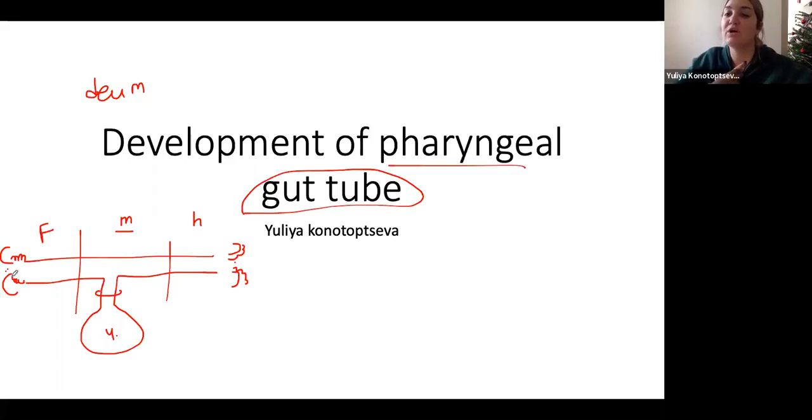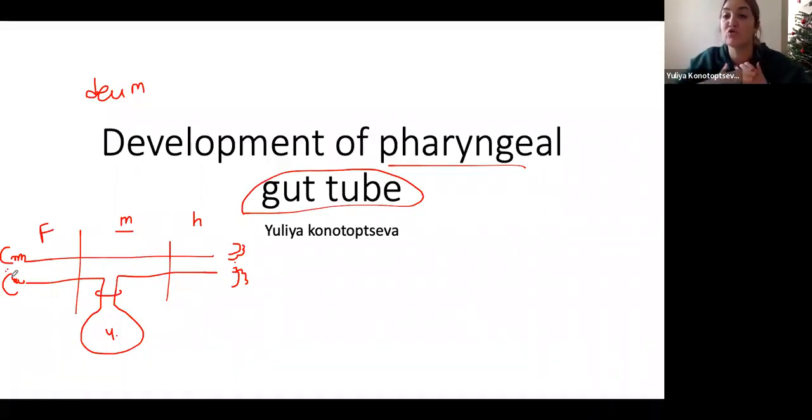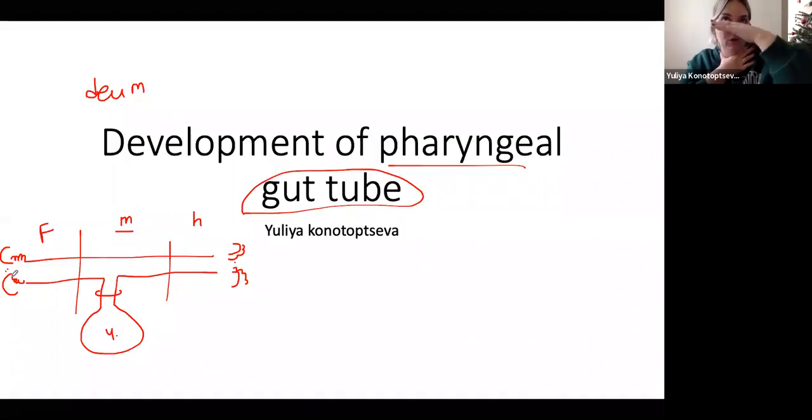You would say somewhere in the neck region, somewhere here. This is where the foregut stops. Everything else up until your eyes is going to be the pharyngeal gut tube. So to show the pharyngeal gut tube on yourself, it's somewhere from the bottom of your neck until your eyes.